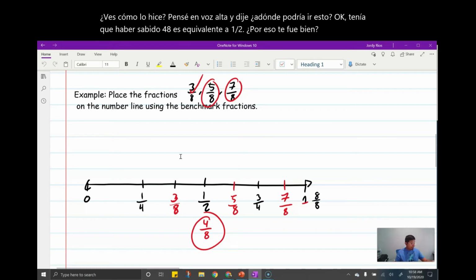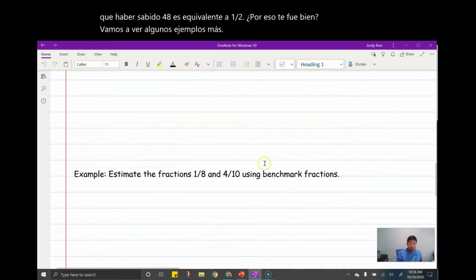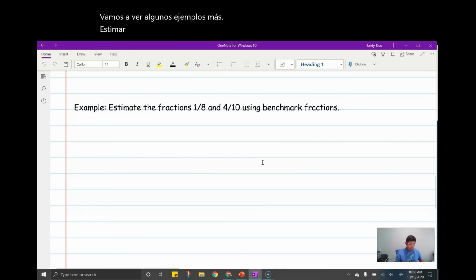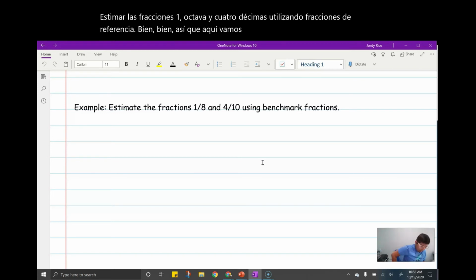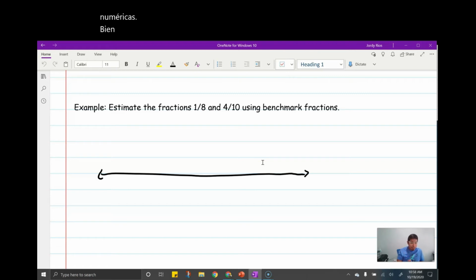Let's go ahead and look at a few more examples. Estimate the fractions 1/8 and 4/10 using benchmark fractions, okay? Alright, so here we're gonna go again. I'm gonna get my number lines ready, and fill in what I know from the benchmarks.